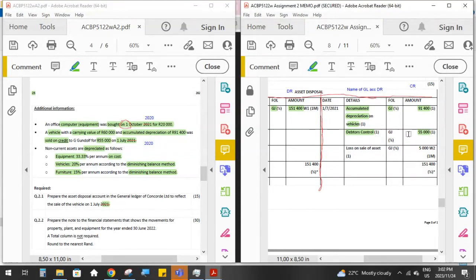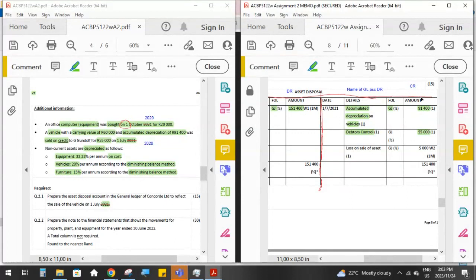So 91,400 plus 55,000 is equal to 146,400, which is less than 151,400. So we subtract the two, 146,400 minus 151,400 equals 5,000.